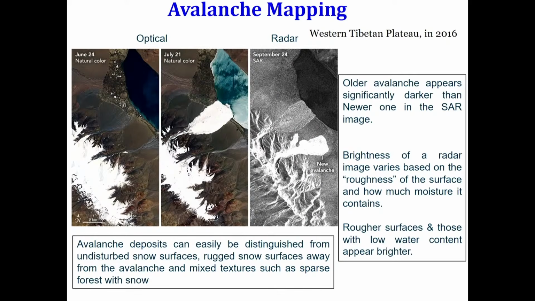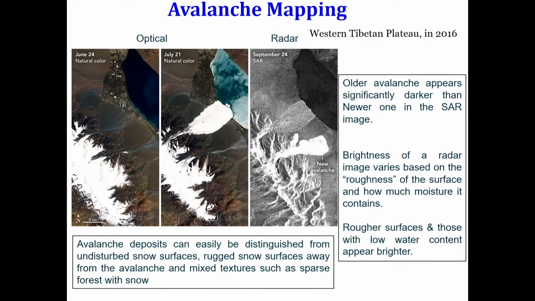You can also use them for avalanches, which are triggered in the presence of snow. Avalanche deposits can be easily distinguished as old or new avalanches, and both optical and SAR can be exploited because of their roughness. An older avalanche appears darker than a new one in the SAR image.